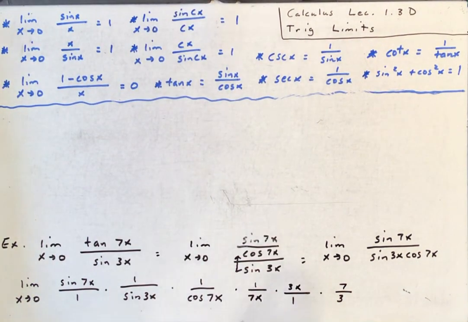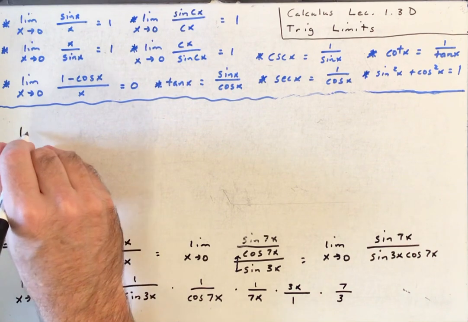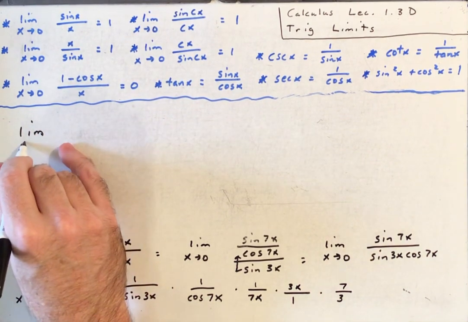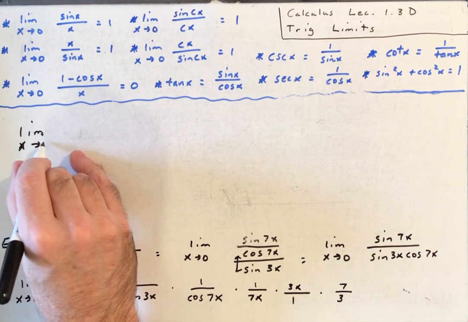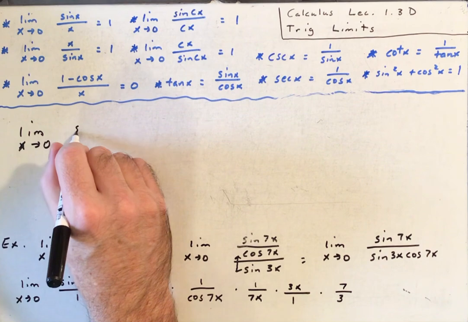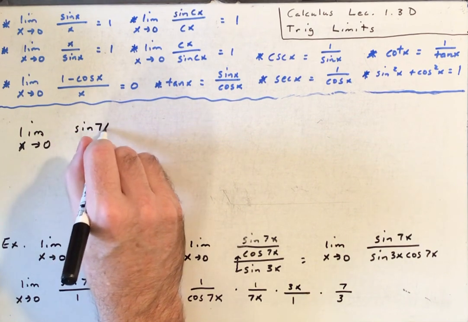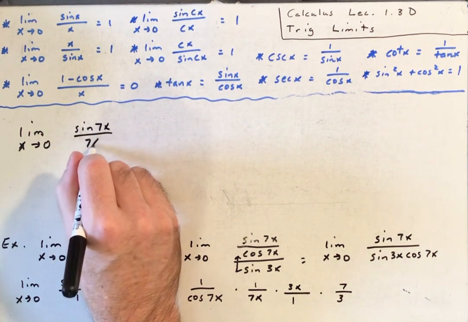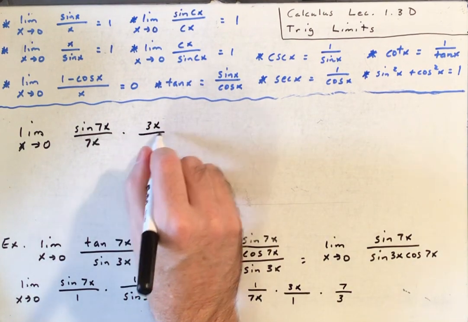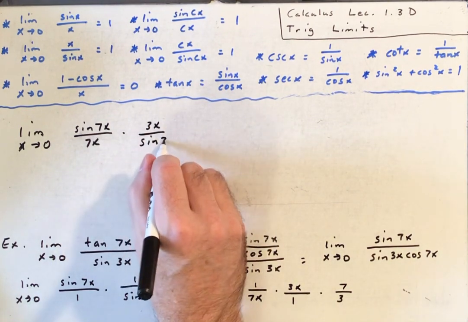Okay, so we're going to rewrite this as the limit, as x approaches 0, of sine 7x over 7x times 3x over sine 3x.